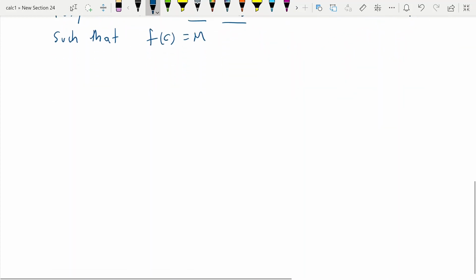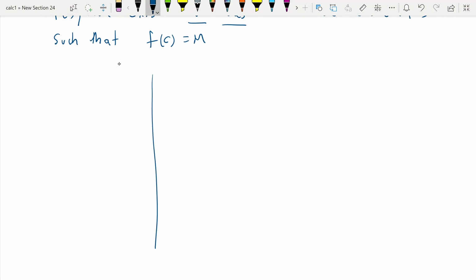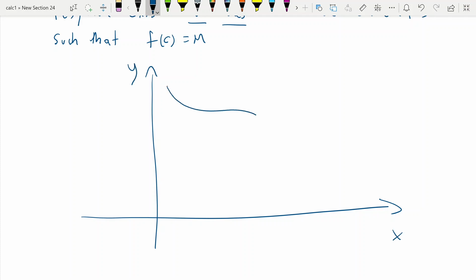So we have a function f whose graph looks something like this. So we have the x and y axis, and it moves like that. So we have b and a, and here f of a is some number, and f of b is some smaller number.